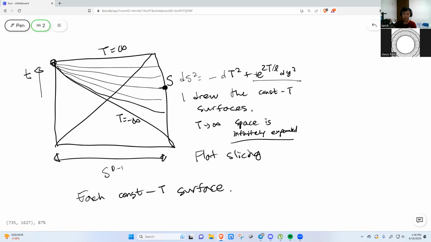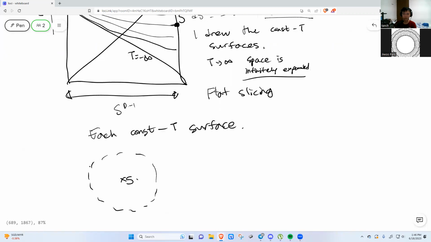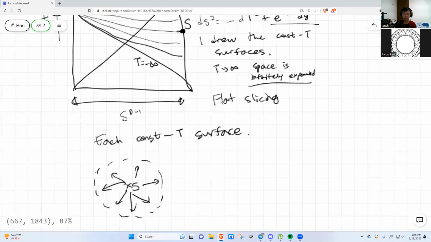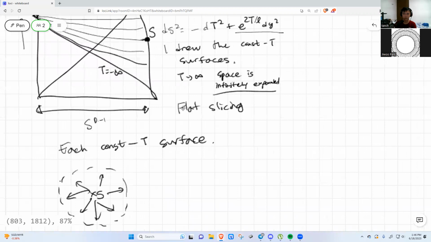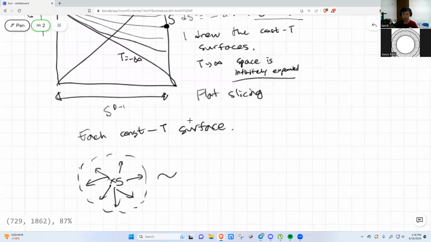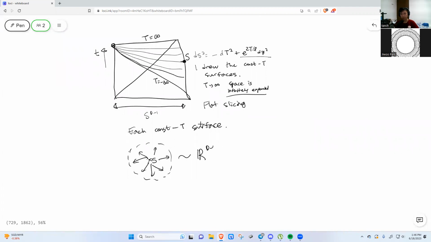What it looks like is dots stretching out from the south pole. It's not compact, and it has the same topology as R^(D-1). So we see that y is just in R^(D-1).